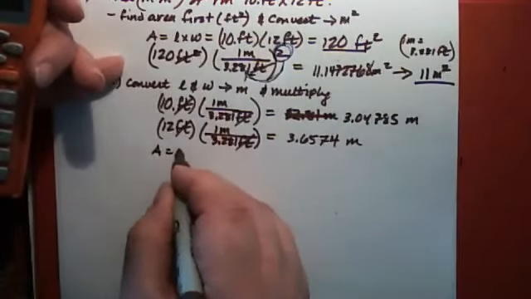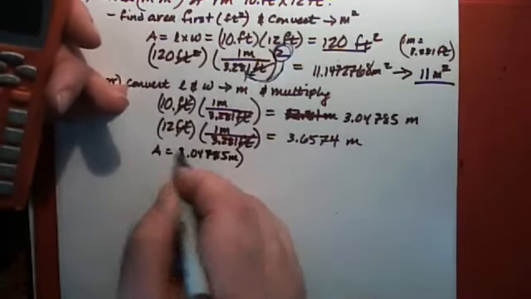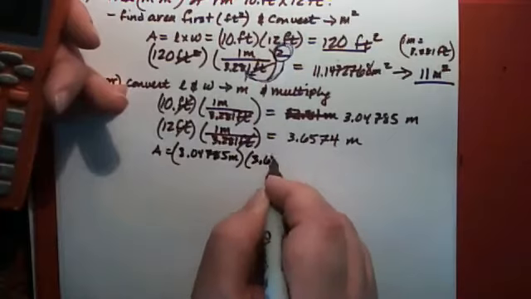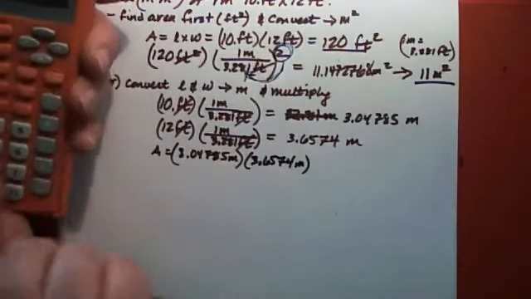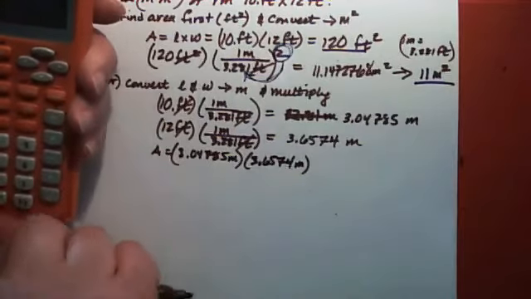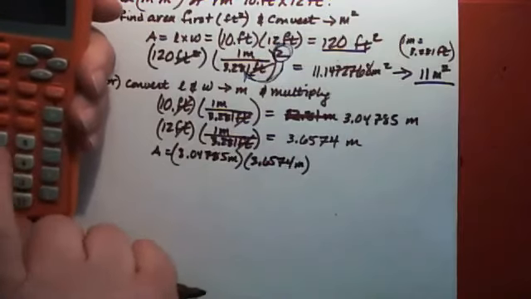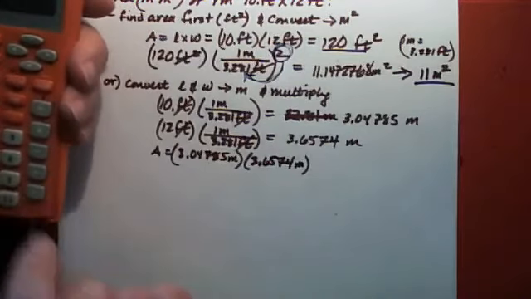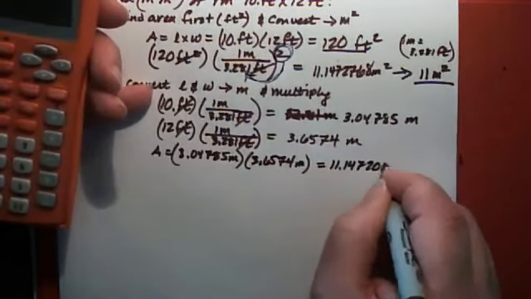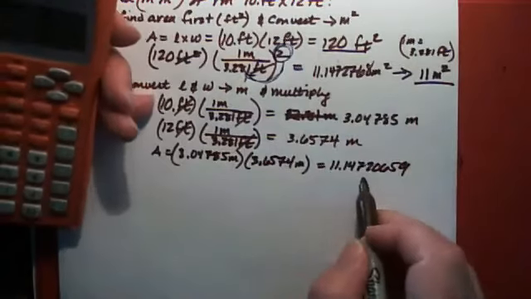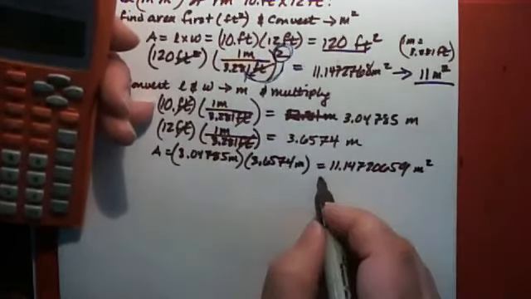So the area is going to be 3.04785 meters times 3.6574 meters. And we'll see what that is. 3.04785 times 3.6574 equals 11.1472 blah, blah, blah.